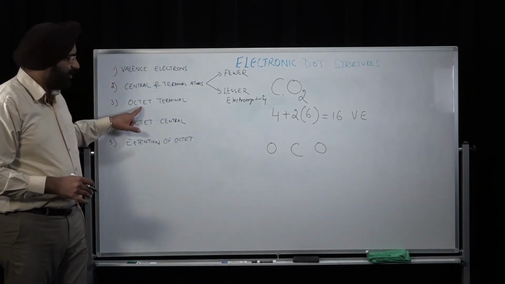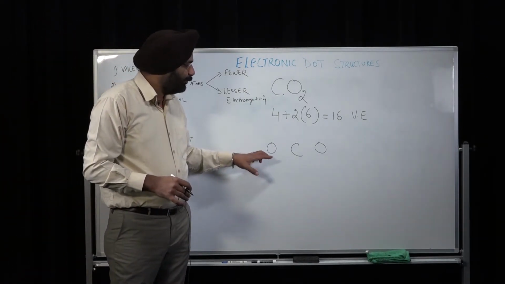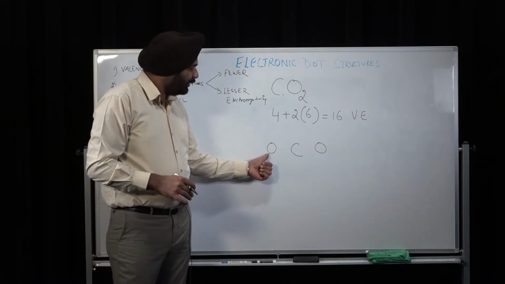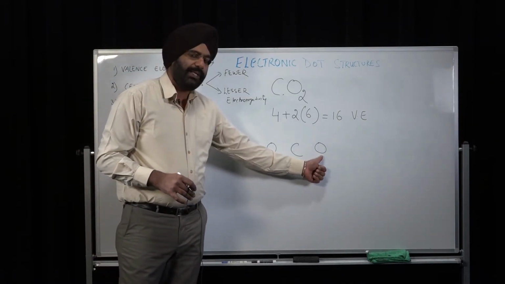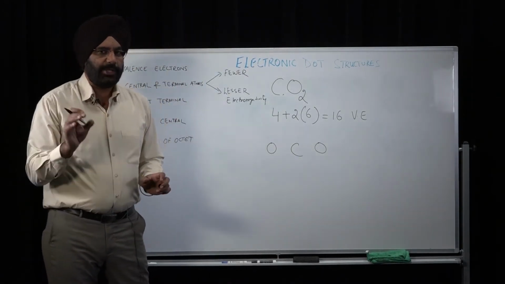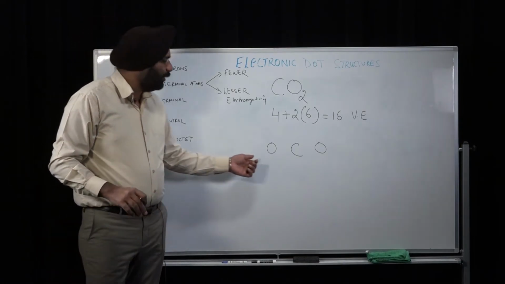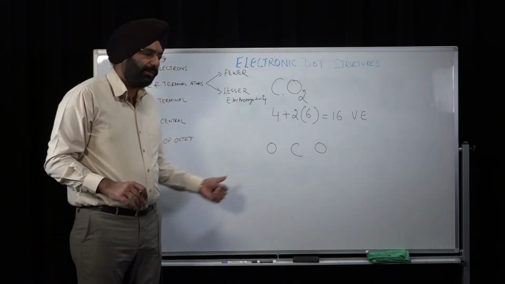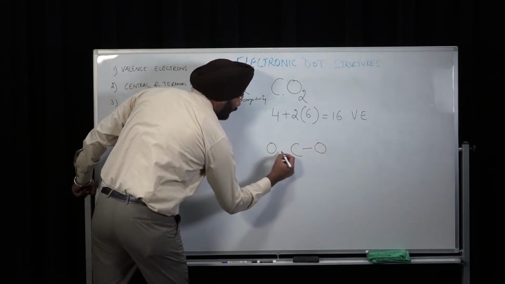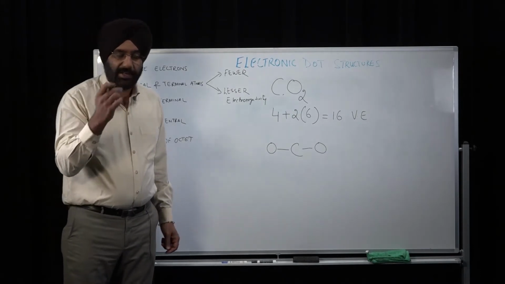And in the third step, what you have to do is arrange electrons in such a way that the octet on the terminal atoms is complete, and I've already explained what that octet is. The octet is the presence of 8 electrons on any atom, right? So for doing that, the first step is just to join the 2 oxygen atoms with the carbon atom.